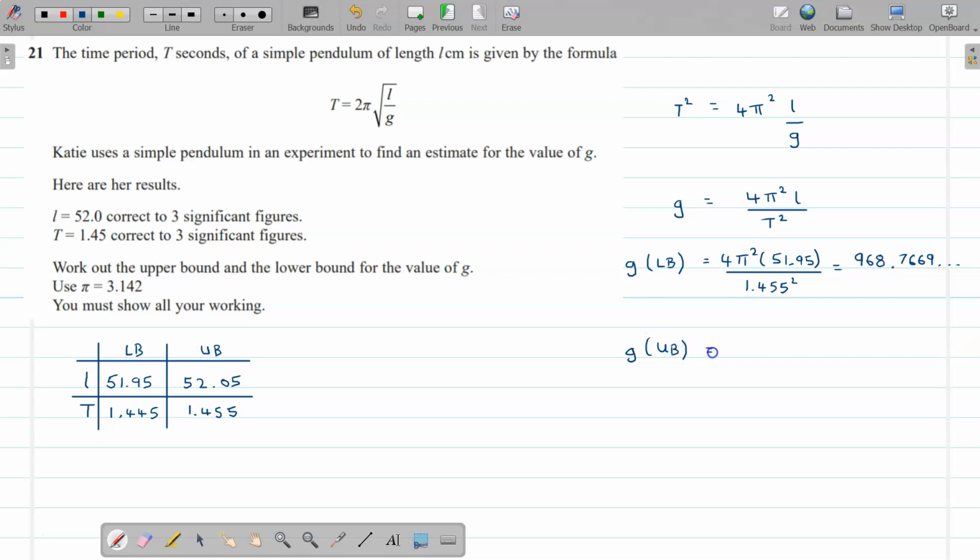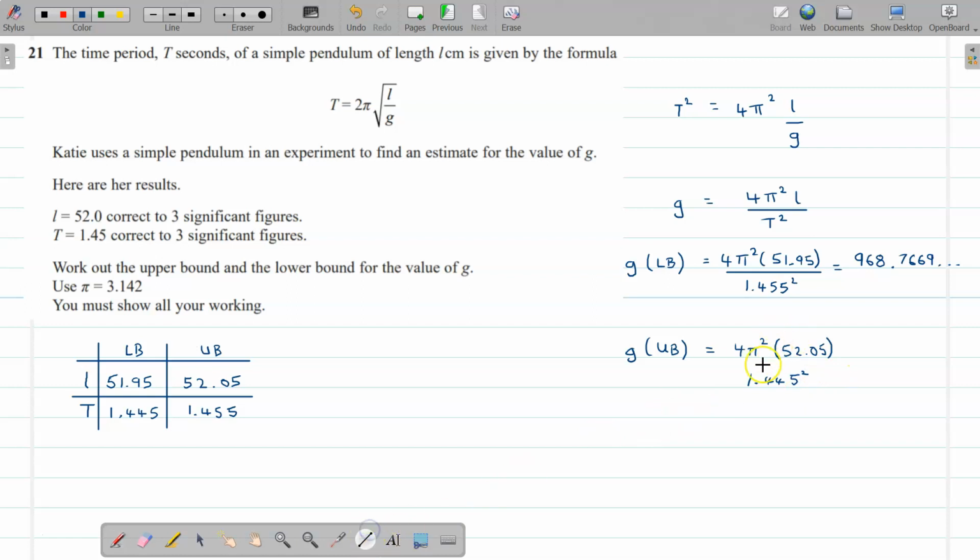I'm now going to do the same for the upper bound, but this time I need to get the highest possible numerator. So it's 4 pi squared times the upper bound of the value of L, which is 52.05, and divide that by 1.445 squared.